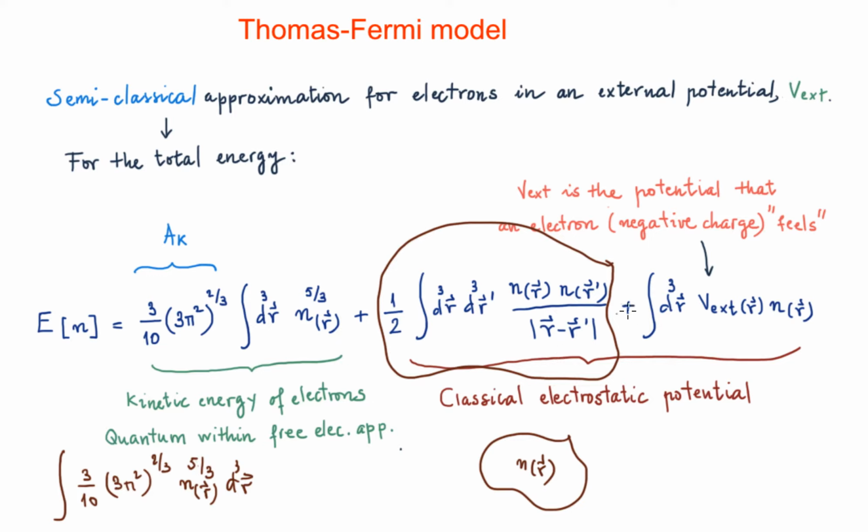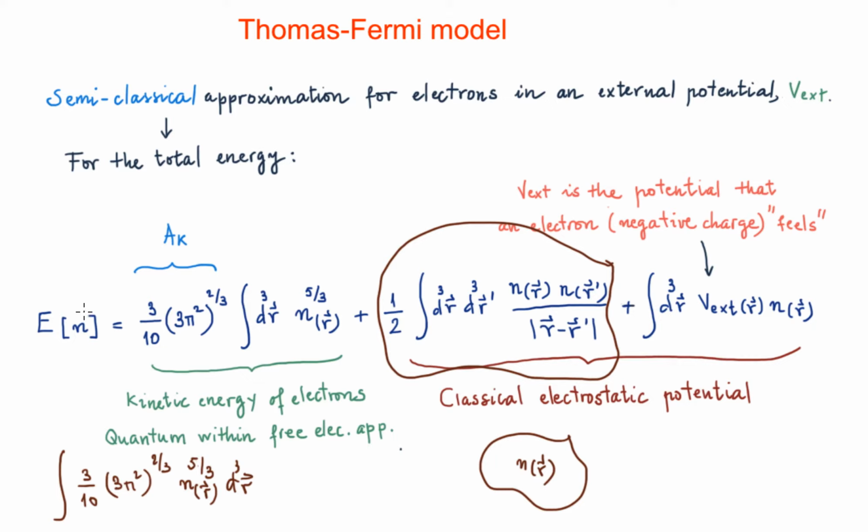And besides that, as the electrons are immersed in this external potential, we have an additional term of electrostatic potential associated with the external potential, which is also a classical expression. Okay, now we have an expression for the total energy of the system as a function of the electronic density.